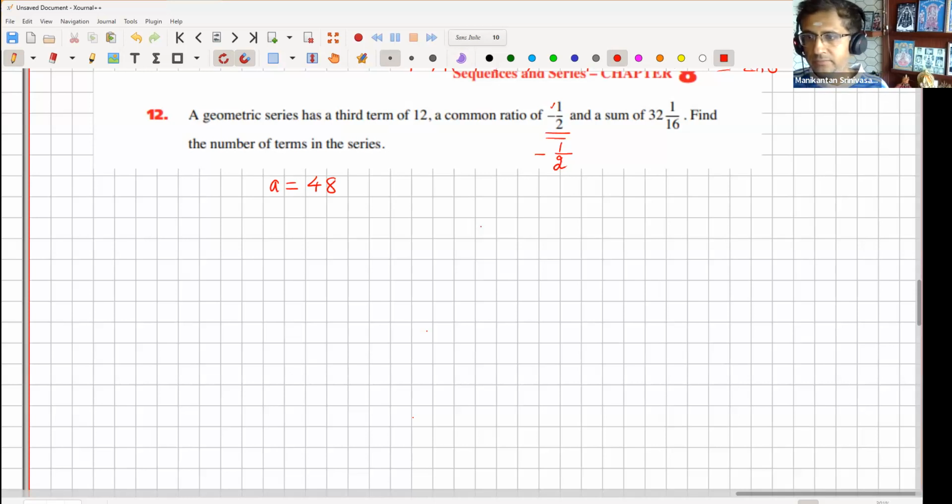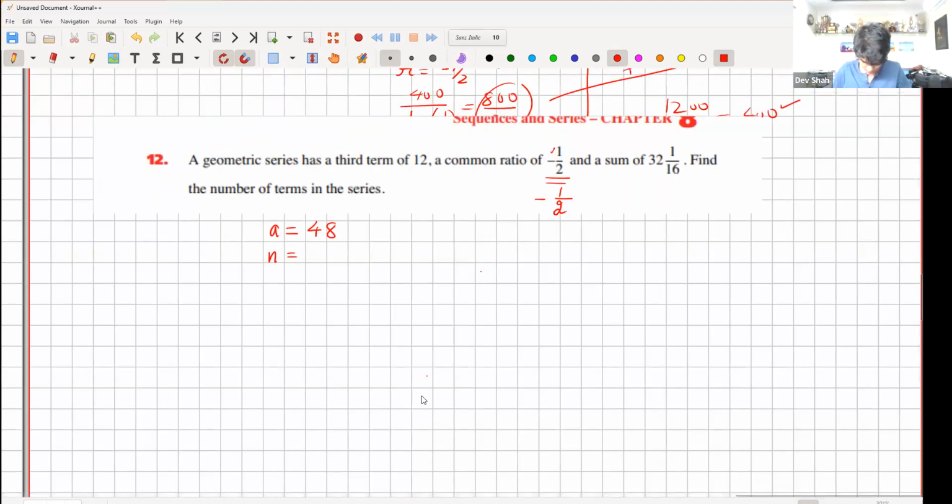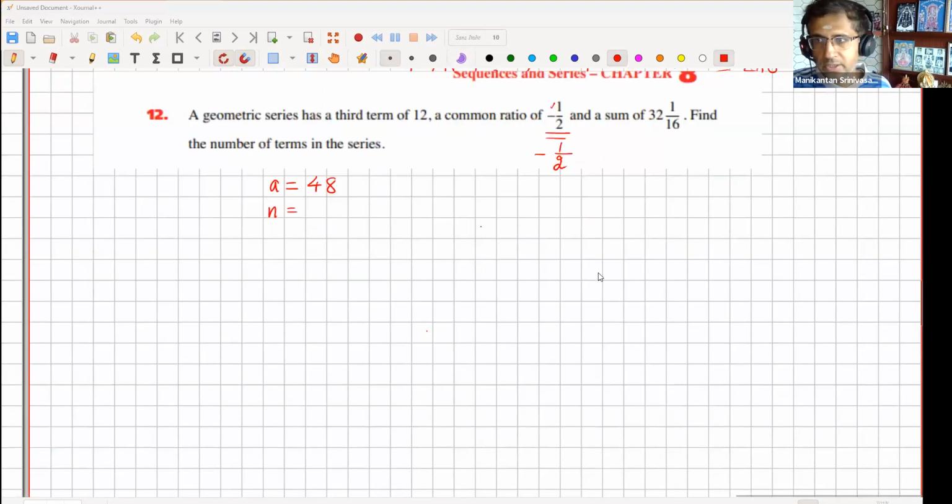And N, Dev? Yes, I'm just finding it. Okay, Moksha has an answer. Let's see.